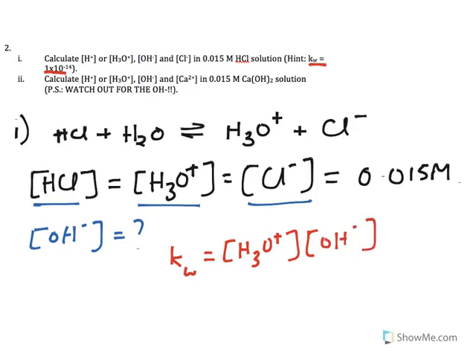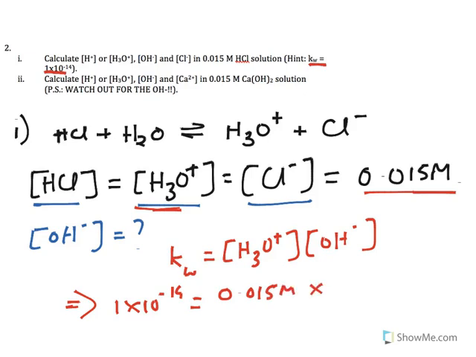And we know that Kw is equal to 1 times 10 to the power of negative 14. We know that the concentration of H3O plus is 0.015 molar, so we can plug that in, 0.015 times the concentration of OH minus ions.